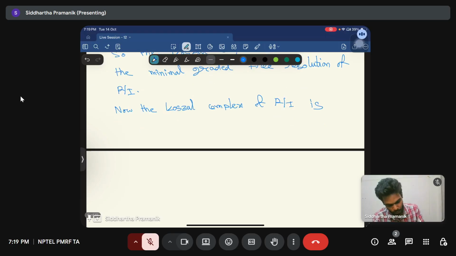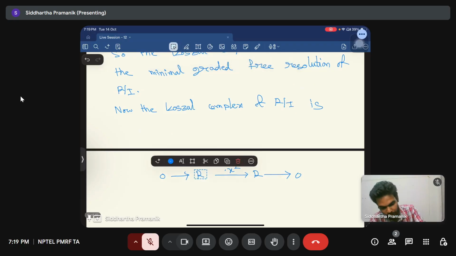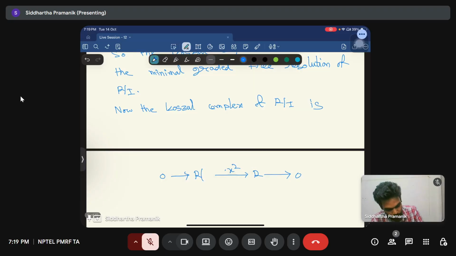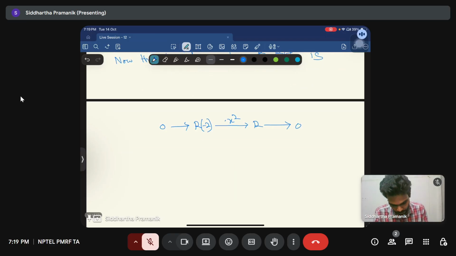it is the mapping cone, right? So you take 0 to R to R to 0. This is multiplication by x^2, and x^2 has degree 2, so we need to shift it by 2. And again we need to take the same complex and let's take multiplication by y^3.